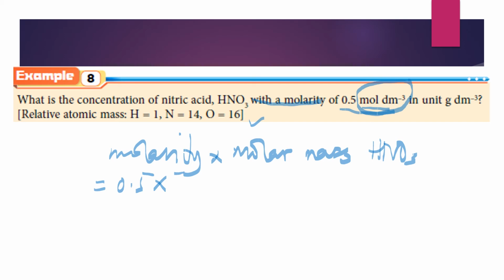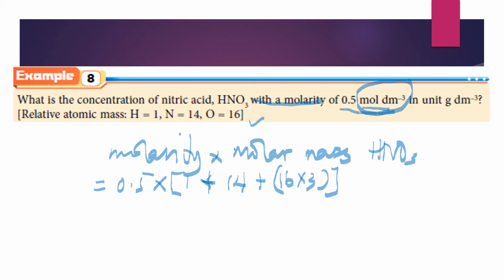Do you remember how to calculate the molar mass? H, the relative atomic mass for hydrogen is 1. Then add nitrogen 14 plus oxygen 16 and you have 3 oxygen, so you have to times 3. Okay, so this is the molar mass of nitric acid.